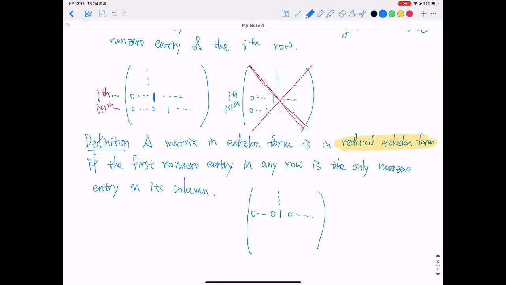And the requirement that we have here for being in reduced echelon form is, if you look at the column that contains this 1, everything else, all the other entries in this column must be 0.